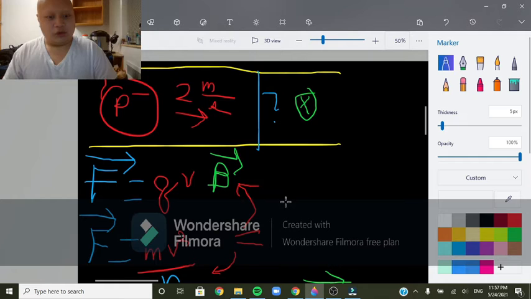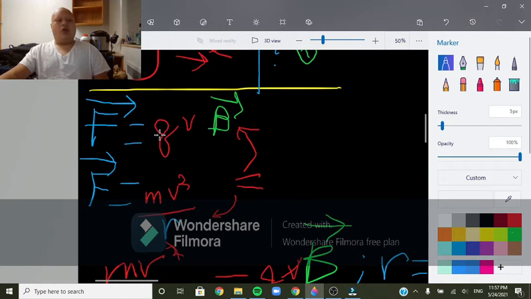First we need to use an equation for the magnetic force, which is equal to the charge times the velocity of the particle times the magnetic field that the particle is in.